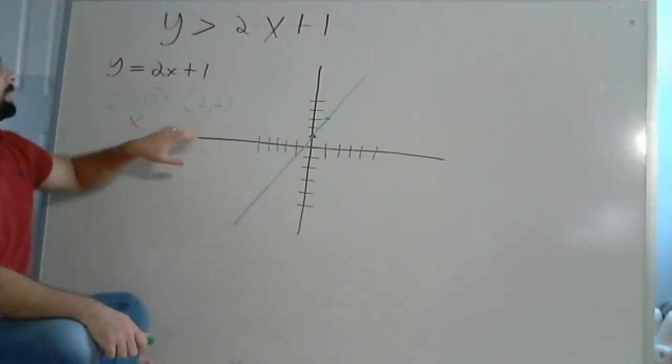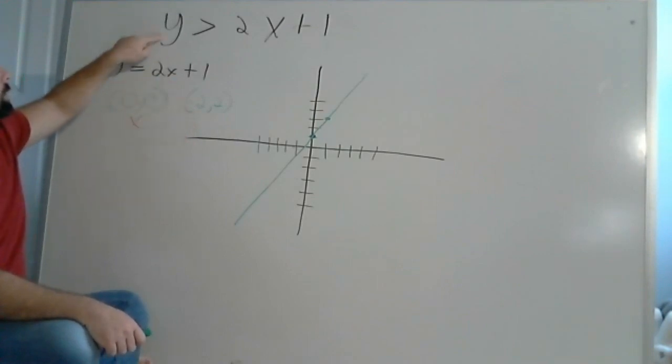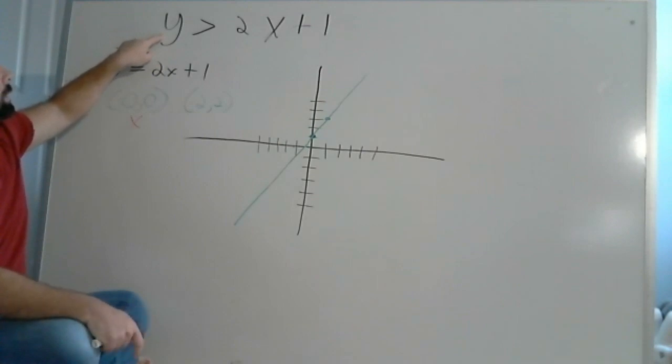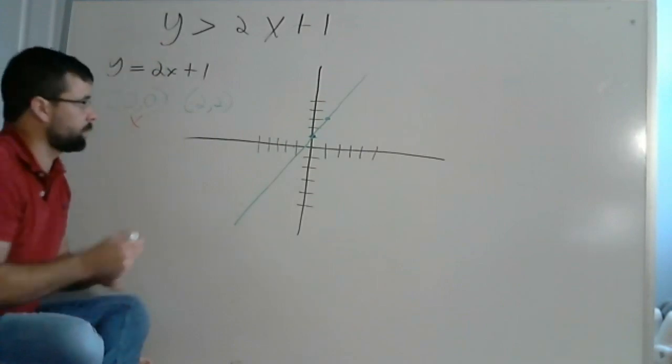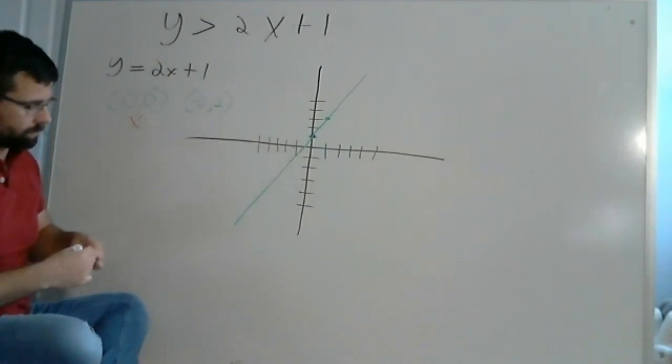Now we go to the other side. Well, let's check 2, 2. 2 is greater than, oh, I'm sorry. I picked the point wrong. Should have been negative 2, 2.